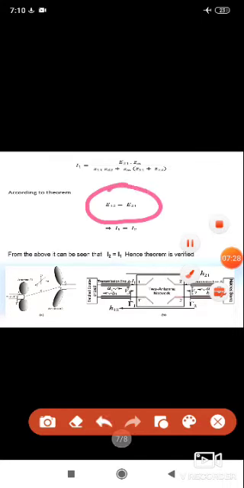All the parameters you have seen are the same as in the case of I2 in the first case. As we said from the start of the theorem, we take E21 and E12 as the same, and by this we get I1 as I2. So very clearly the theorem can be easily verified.